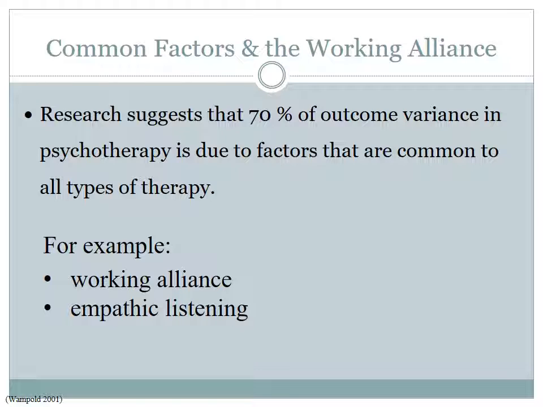So who the counselor is in the presence of common factors is highly determinant. So things like the working alliance that I was talking about, empathic listening, skills for active listening, the degree to which folks feel like we're being genuine with them. This is where the action really is in therapy, even more than in specific theories or techniques. Especially, I guess I should say techniques.